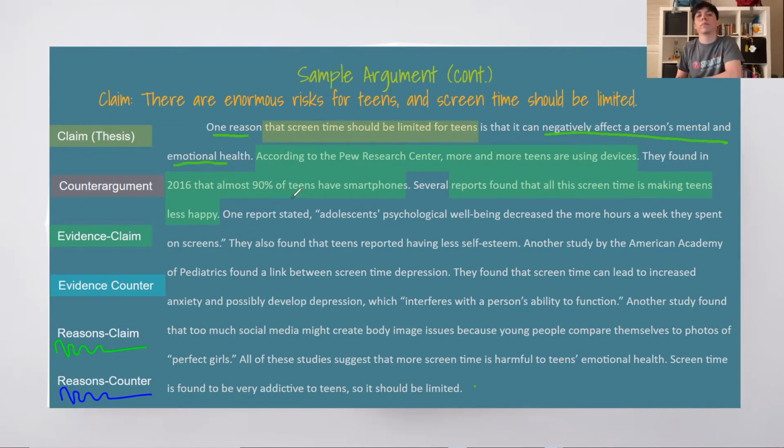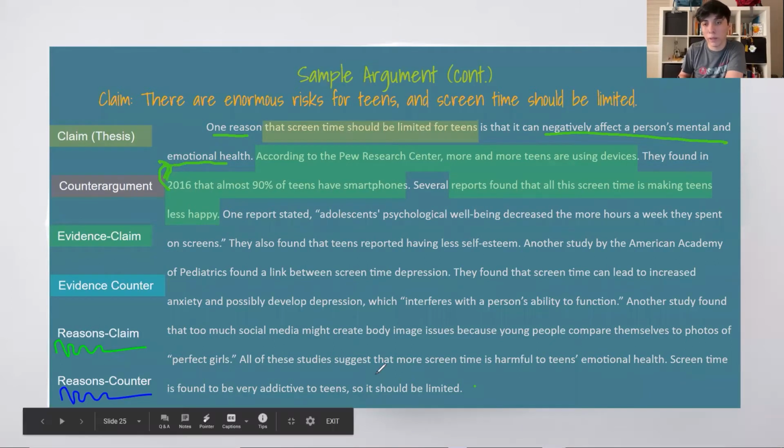So because most teens have phones, they might be on their phone a lot more. And the author is claiming that if you're on your phone or on a screen or computer too much, then you're going to be unhappy. So this piece of evidence matches the claim and one of the reasons for the claim. So that's okay. It's an all right one.